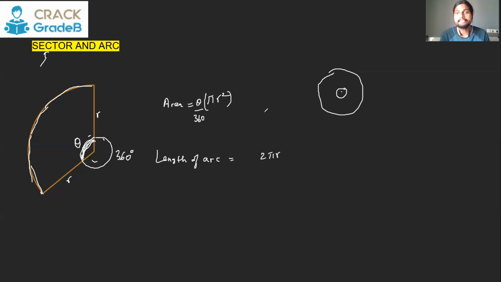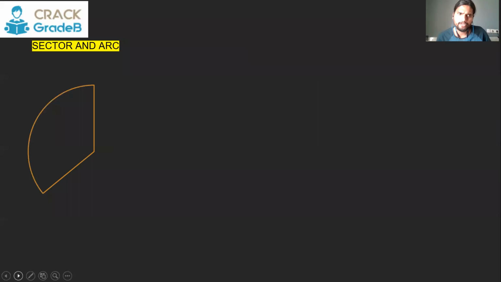But we want only theta part out of it. So theta upon 360 of 2 pi r will be the length of the arc. If you understand these many formulas, it should be totally sufficient for any banking exams, including RBI Grade B.